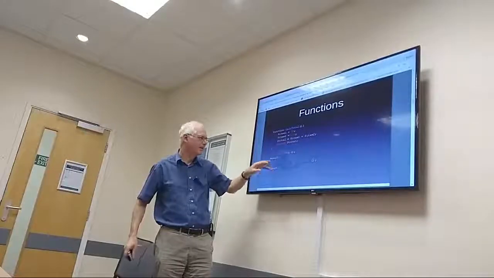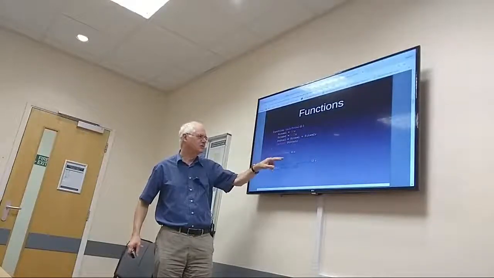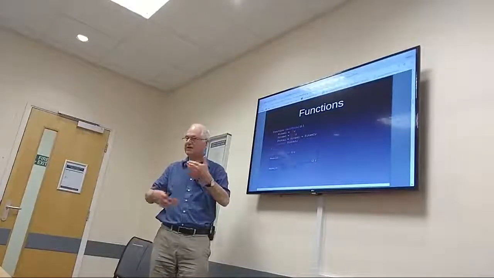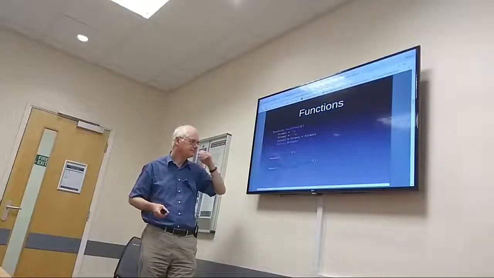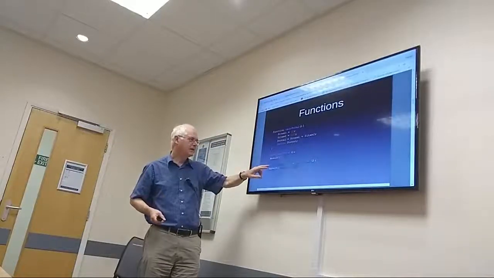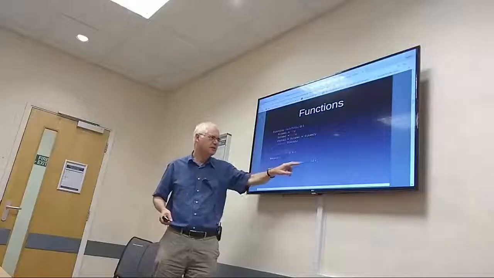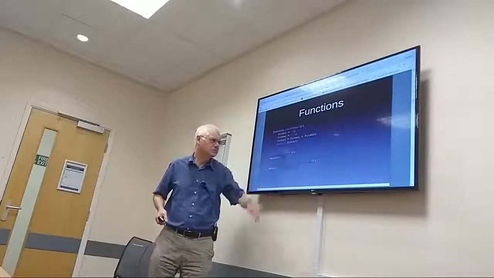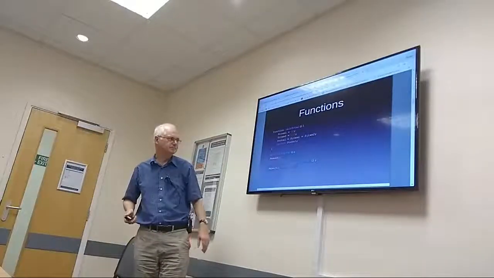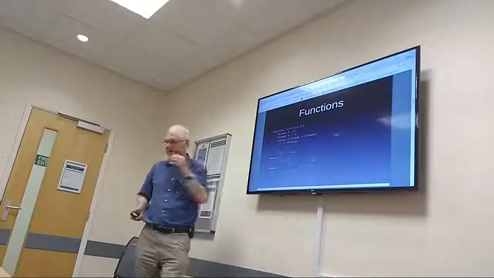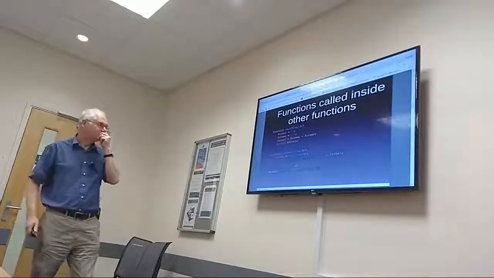Return the total. So echo calcTotal result will be an integer, 120. And you can say echo total equals calcTotal, result total equals 120. That's what you get on the web page.